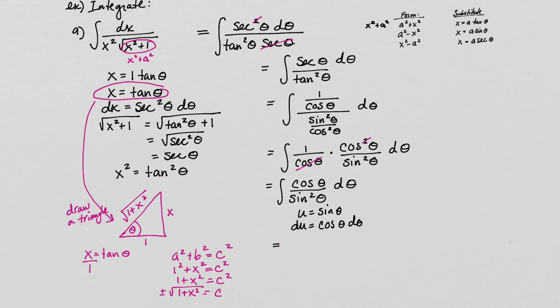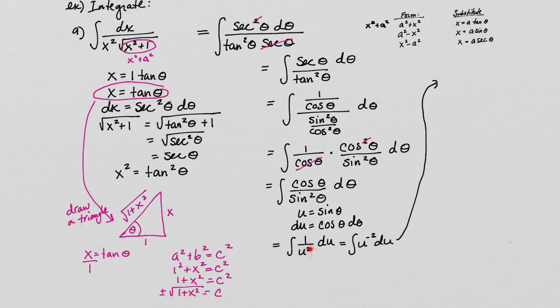So this is going to become the integral of 1 over u squared du, which is the integral of u to the negative 2 du. And if I integrate u to the negative 2, what do I get? Okay, you can only get the natural log if it's u to the first power.